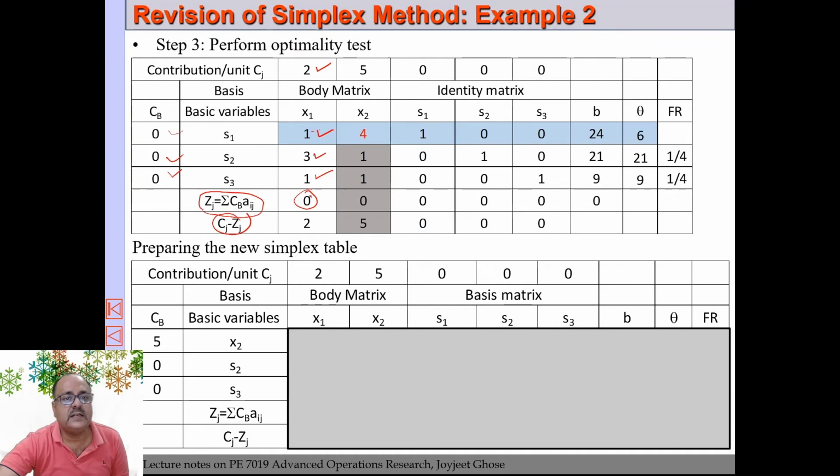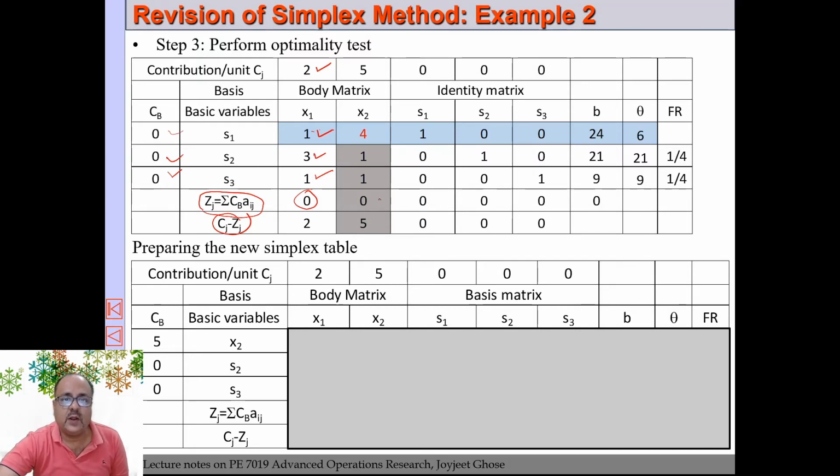So this is my Zj, and similarly we will find the Zj for all the columns, and Cj minus Zj will be 2 minus 0 is 2 and 5 minus 0 is 5.